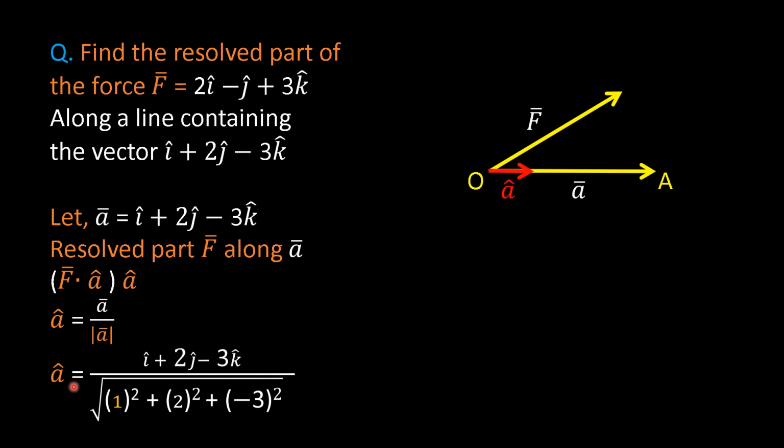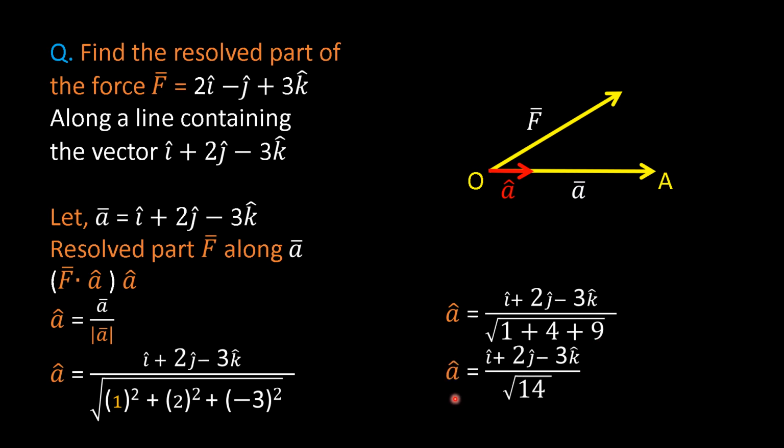It will be I plus 2J minus 3K, which is A bar, upon under root 1 squared plus 2 squared plus minus 3 squared, which will be 1 squared is 1, 2 squared is 4, and minus 3 squared is 9.